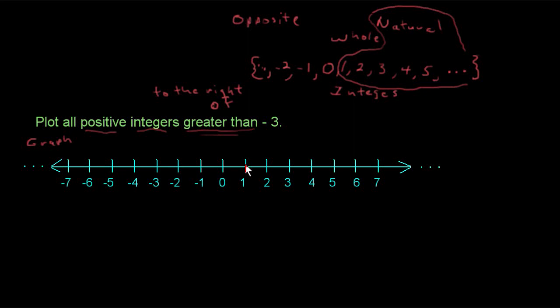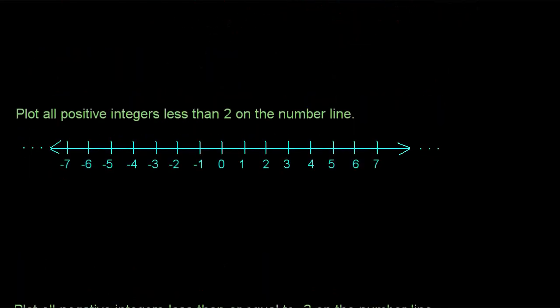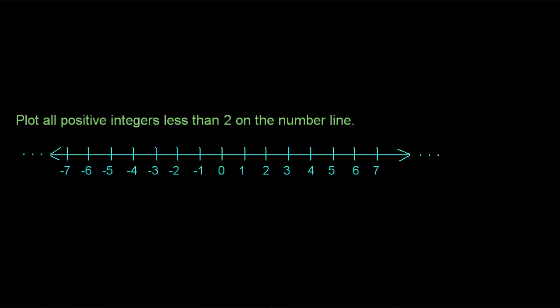Finally, there's our first number to the right of -3 that's positive, so we'll mark 1, and so is 2, 3, 4, 5, 6, 7, and so on. To show that this pattern continues forever out to the right, we put 3 dots, and we've graphed all the positive integers that are greater than -3.